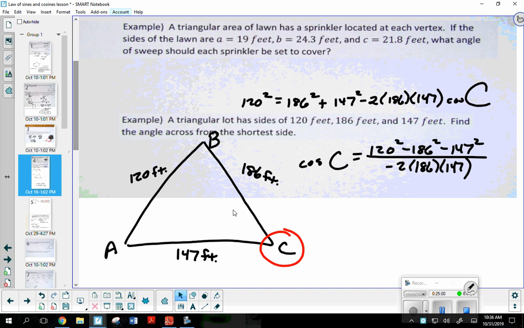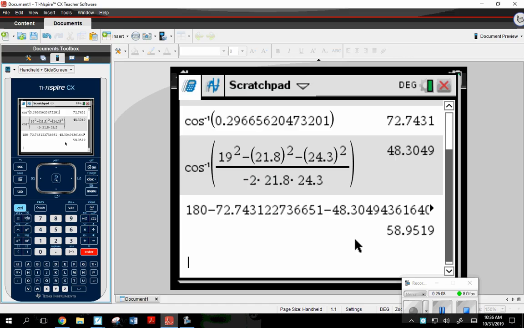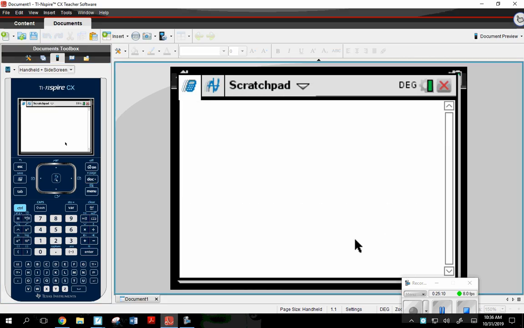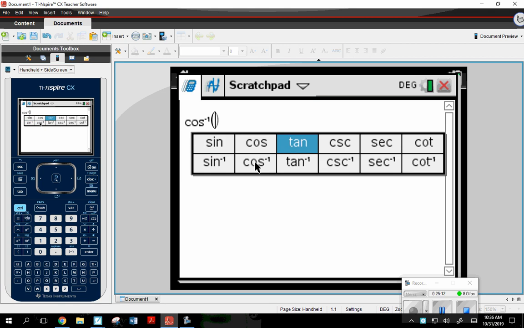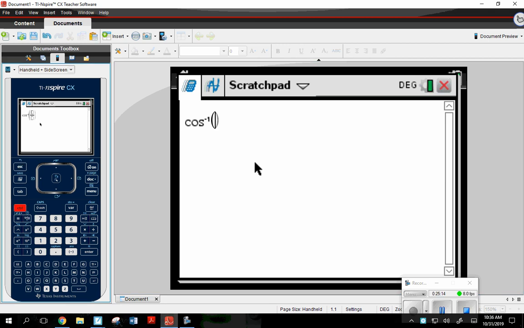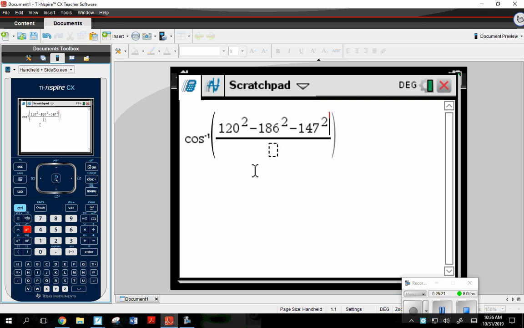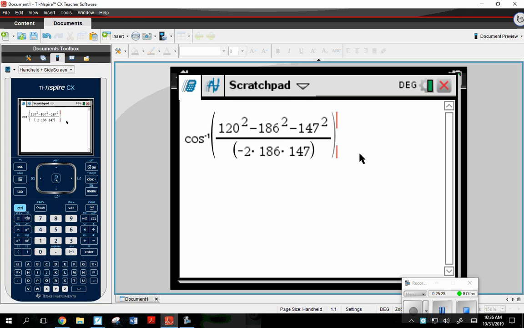So cosine of some angle has got to give me this ratio, so cosine inverse of the ratio should give me the angle. Let's come over here, document B. Cosine inverse. So 120 squared minus 186 squared minus 147 squared, all divided by, parentheses, negative 2 times 186 times 147.